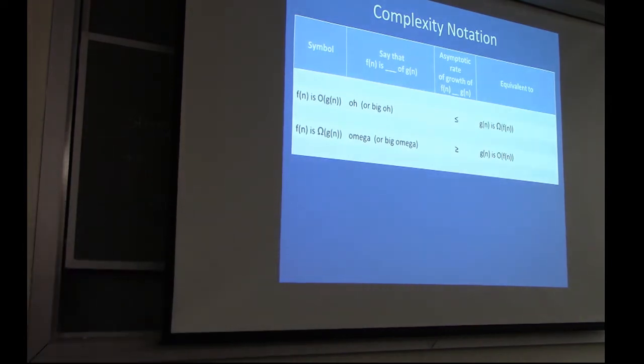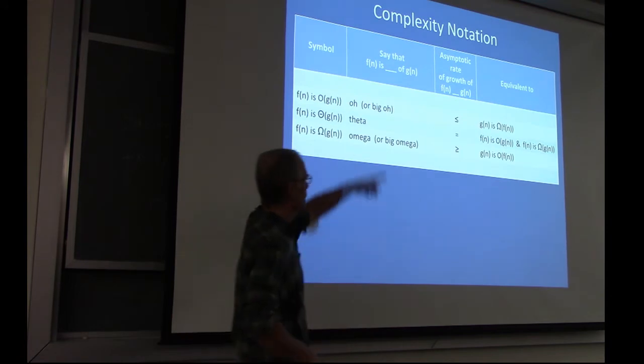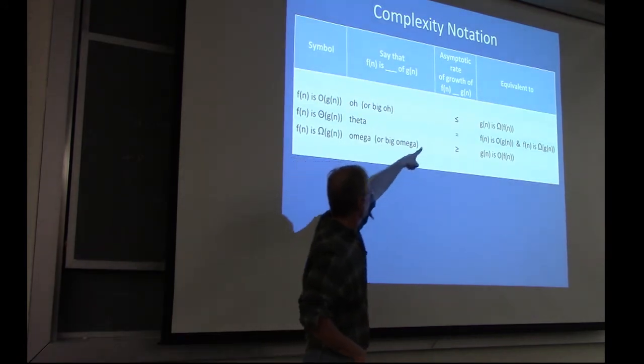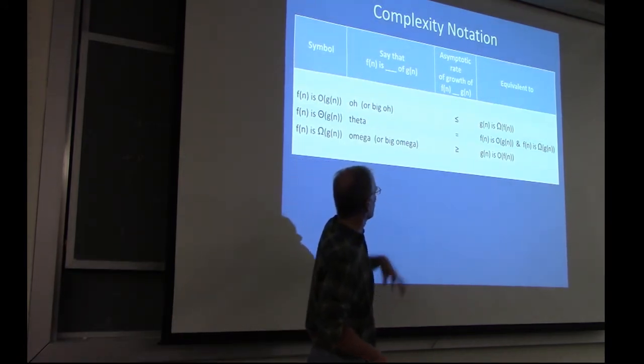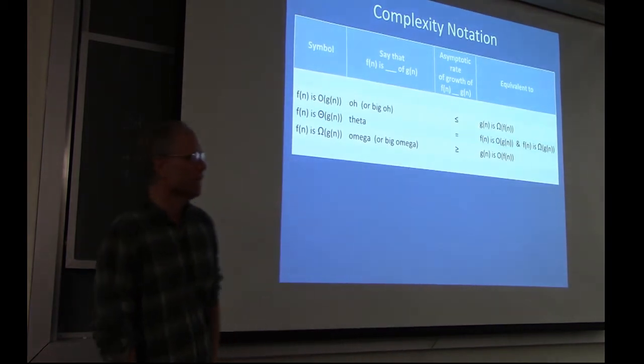So if you're talking about rates of growth, what would be the right way to think about theta? It's equal to. Yeah. If you're comparing rates of growth, then it's appropriate to talk about equals. You've got one thing that'll put an upper bound, one thing that'll put a lower bound, one thing that will put both on simultaneously. Now, what's missing from this chart?